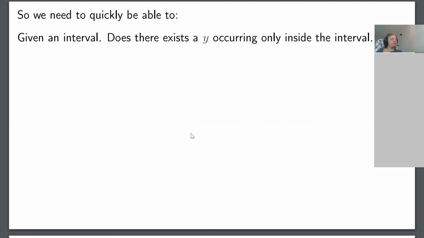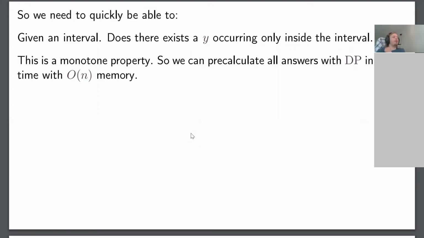It's actually not that hard to compute this, because you can think of it as a monotone property. Once you make an interval large enough, this will happen, and all larger intervals will have this property.